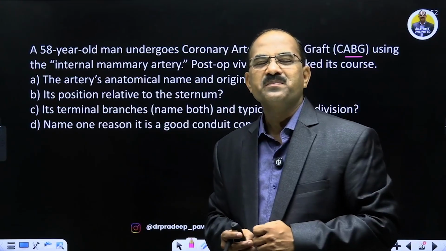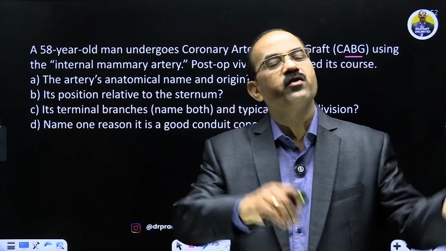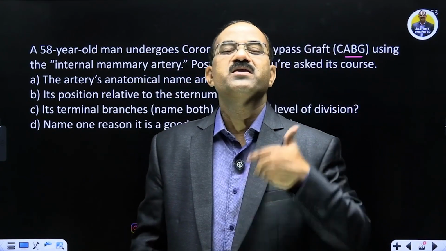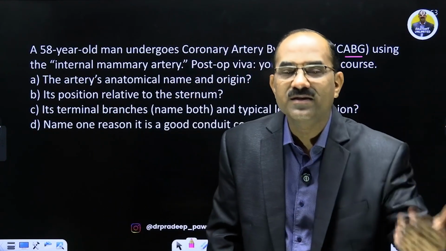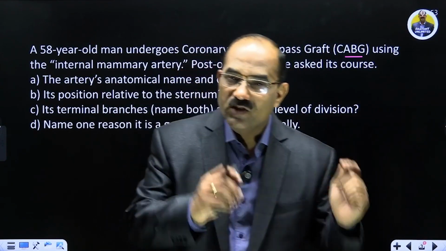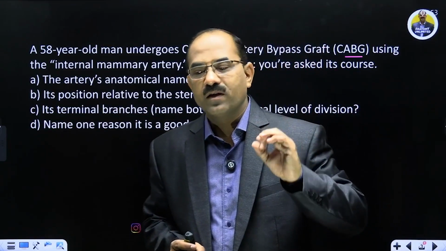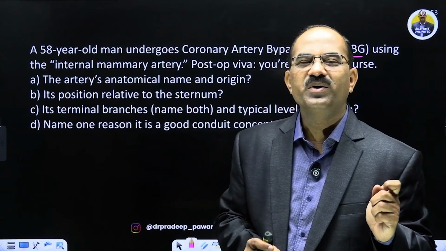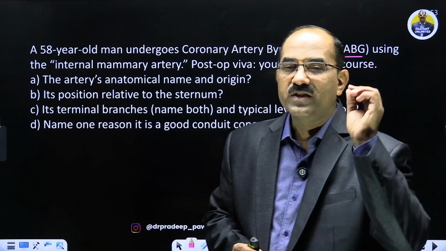The lumen becomes small, deposition of fat, atherosclerosis, the amount of blood going to the muscle wall becomes less. The person starts to get dyspnea on exertion. This is what we call angina pectoris. We do a stress test and an angiography, and we find that the blood vessel is blocked.